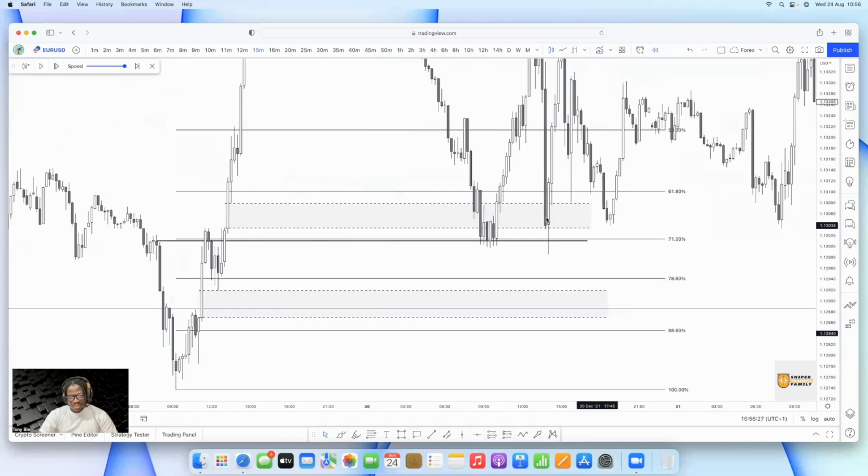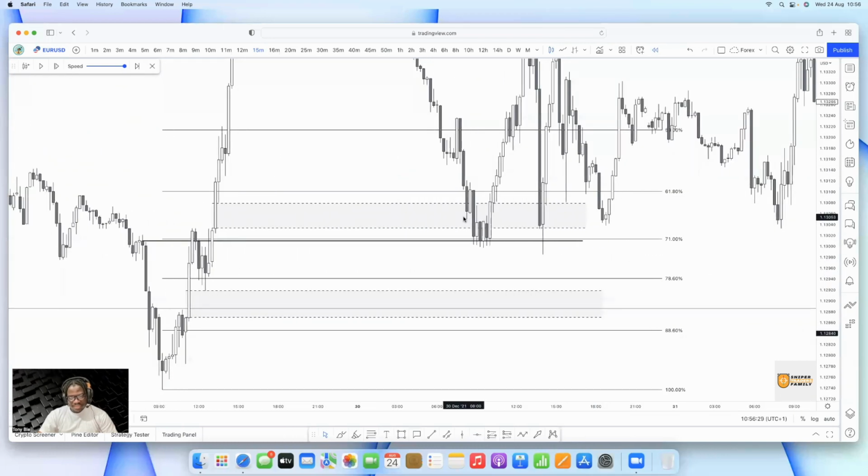If you were waiting for accumulation inside this imbalance, I do not have access to the 1 minute, but from what I'm seeing, this would have broken structure on the 1 minute. And then you'd have tried to play the retest, boom, you would have taken a loss on this. And then all of this push up again would have maybe broken structure, boom, took a second loss again.